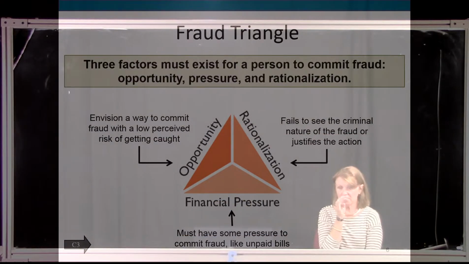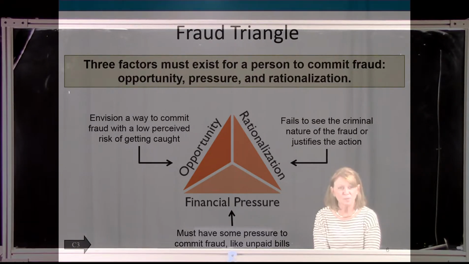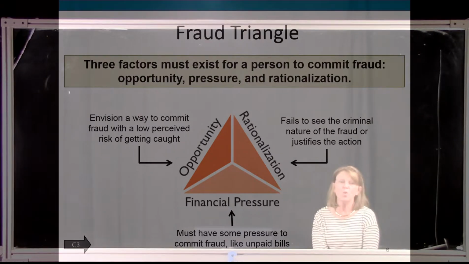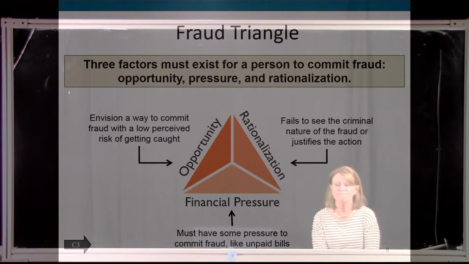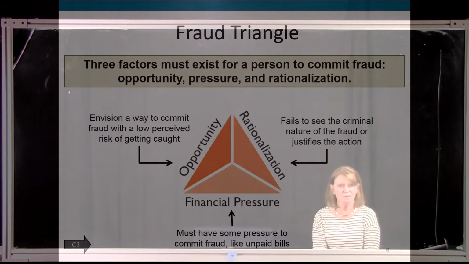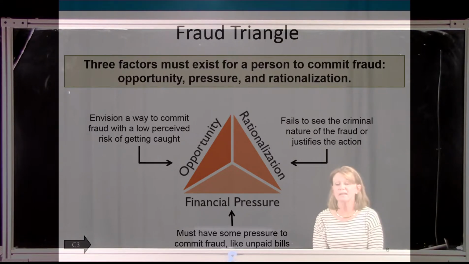The fraud triangle, you're going to talk about this all the way through your business career, your business college career. In order for dishonesty or fraud to happen, these three things have to be available. There has to be an opportunity. You don't have good internal controls in place, or the company doesn't have internal controls in place.